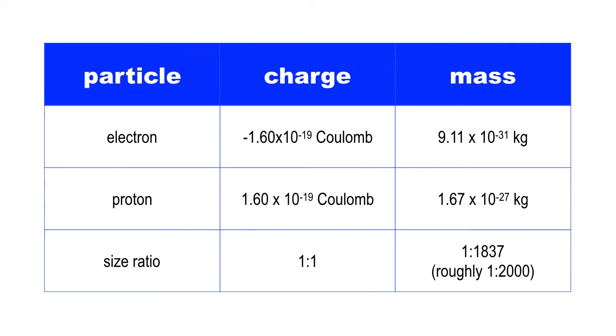Go ahead and jot down the specs. You already have them, basically. This is the first time I've given you the mass of the electron and the mass of the proton. The size ratio is 1 to 1 in the charge column, but in the mass column, it's 1 to 1837, or roughly 1 to 2,000.